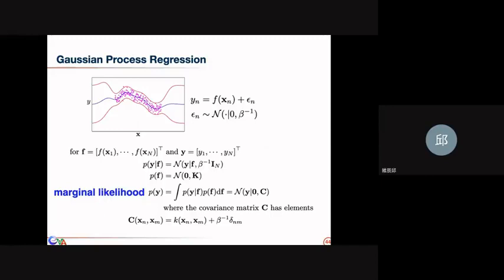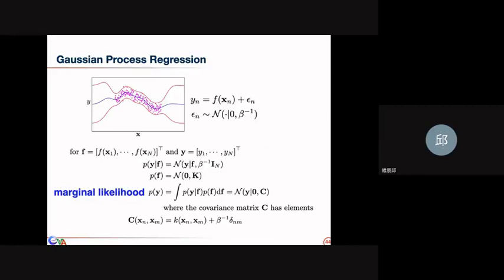Let's assume you have many data points x1 to xn, and you apply the function on them, so you obtain f of x1 to f of xn. We denote this group as the capital F variable, and we have the corresponding outputs y1 to yn.